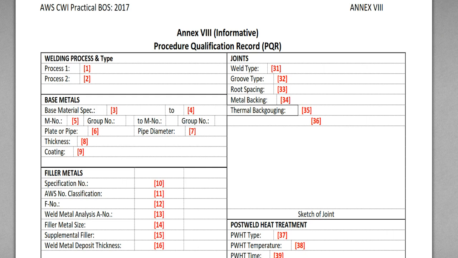It's the sequence of making this kind of document. You make the PQR first, and then based on the PQR you can create the WPS. With just one PQR you can create 100 WPS or 1000 WPS. The number doesn't matter for the WPS, but you must have the PQR in order to have the WPS.